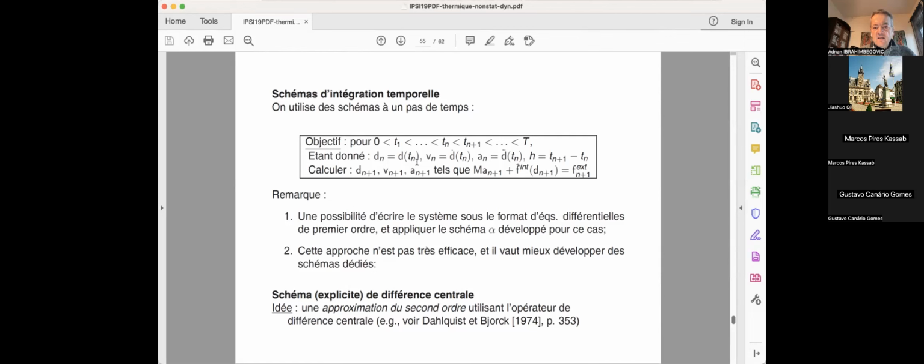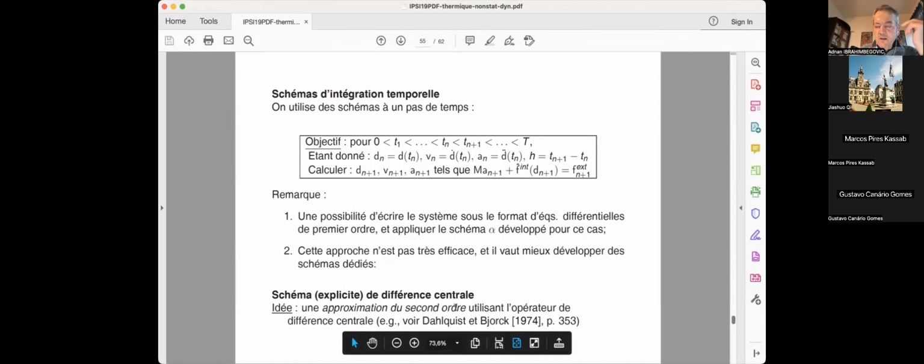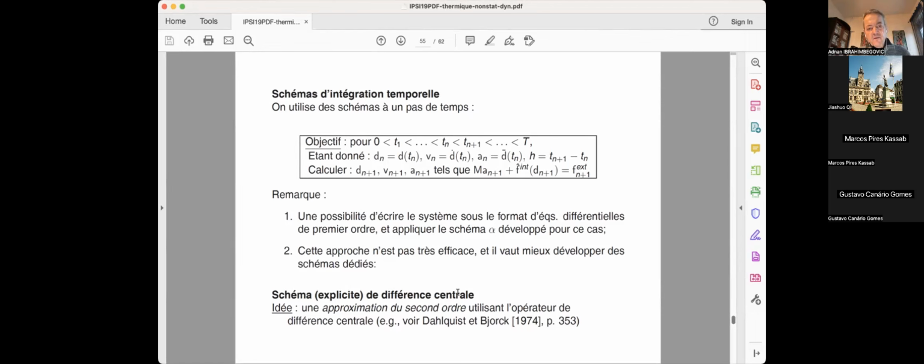The idea is that you can still keep a second order approximation, but make it much more efficient as a central difference scheme. The development I took is from the book by Dahlquist, which was at that time kind of the book. Dahlquist was a very good numerical analyst who taught many of these people. Some of them went to the US and spread his teaching there with the book that he wrote. That touched a lot of people.